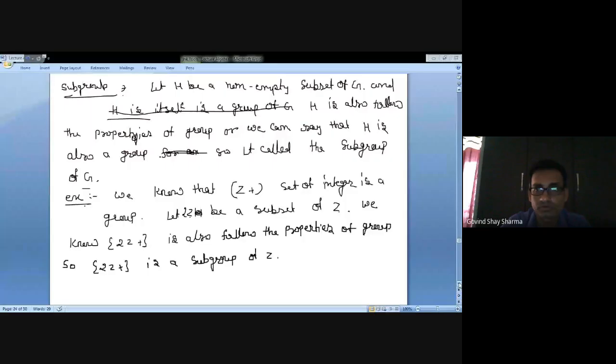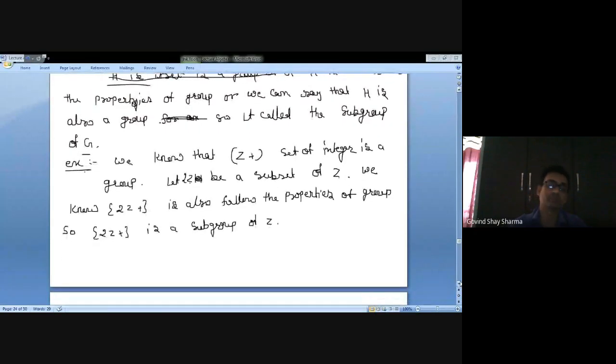So 2Z plus H is a subgroup of Z. Similarly, MZ: 2Z, 3Z, 4Z are all subgroups of Z, the set of integers.